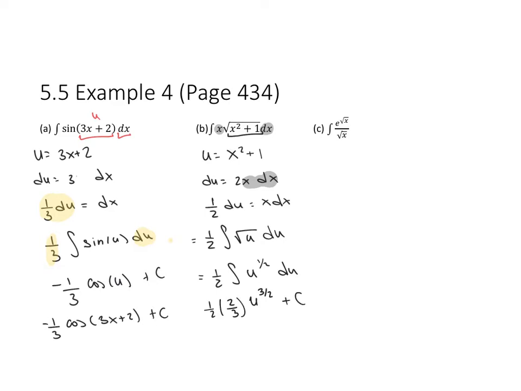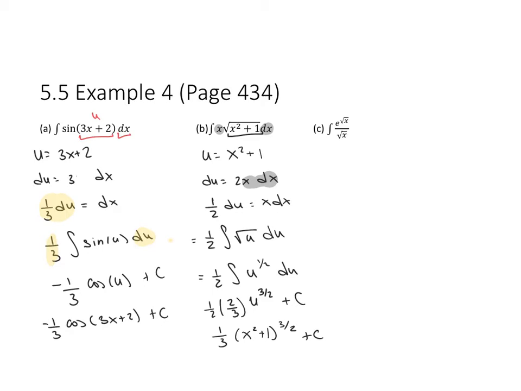So we can reduce that and make that just a 1/3, and then u to the 3/2. So my u is x squared plus 1, to the 3/2, and then plus c.